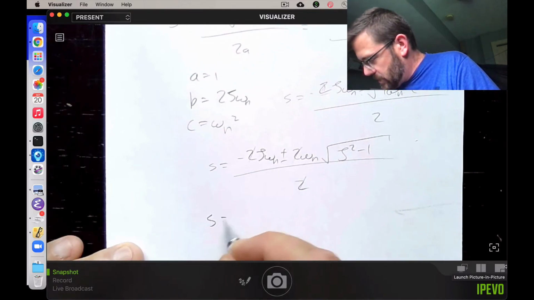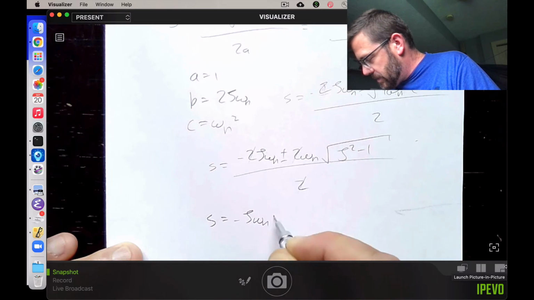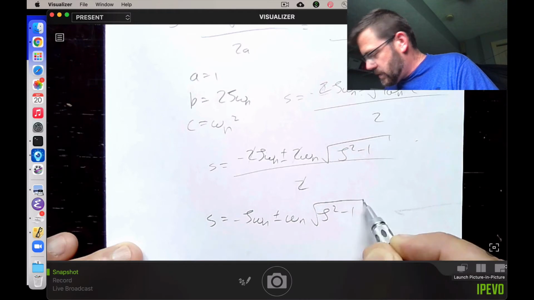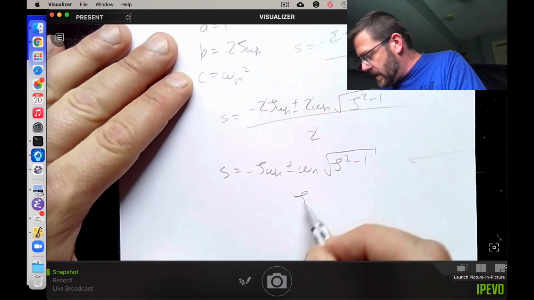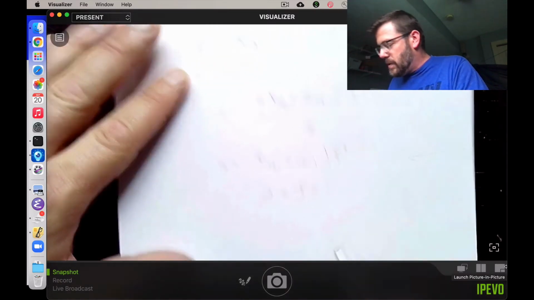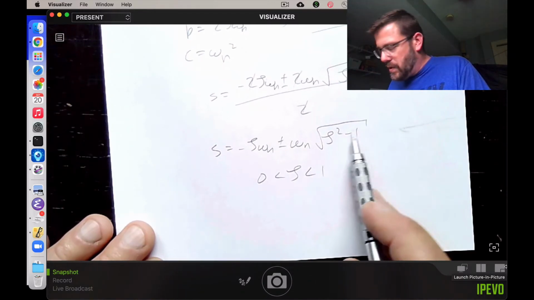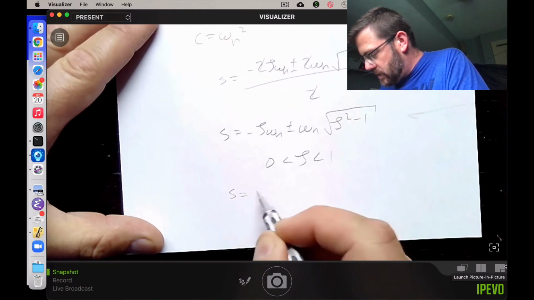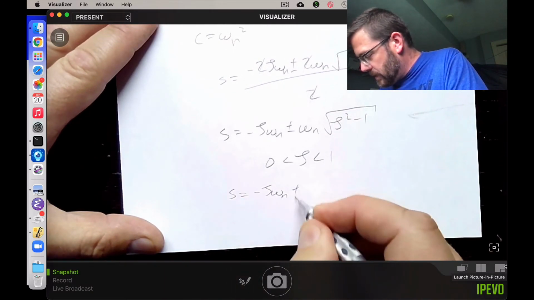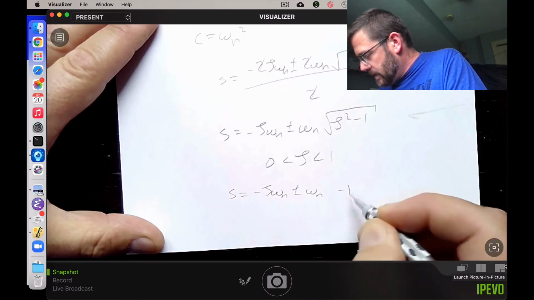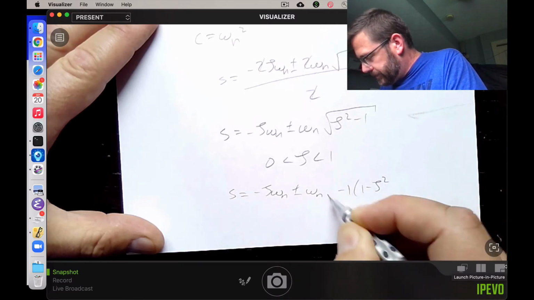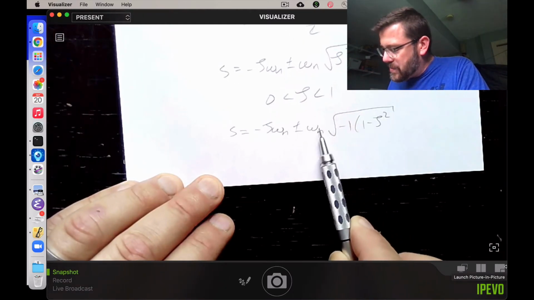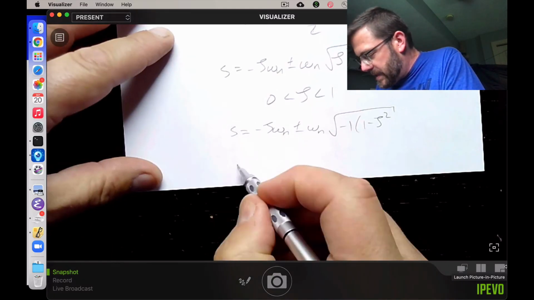And so I've got s is equal to negative zeta omega n plus or minus omega n times the square root of zeta squared minus 1. Now if I know that zeta is greater than 0 but less than 1, then this term is going to be negative. So I'm going to factor out a negative 1 still inside the square root. But then I can take this negative 1 and pull it outside, and the square root of negative 1 is just going to be our imaginary number.